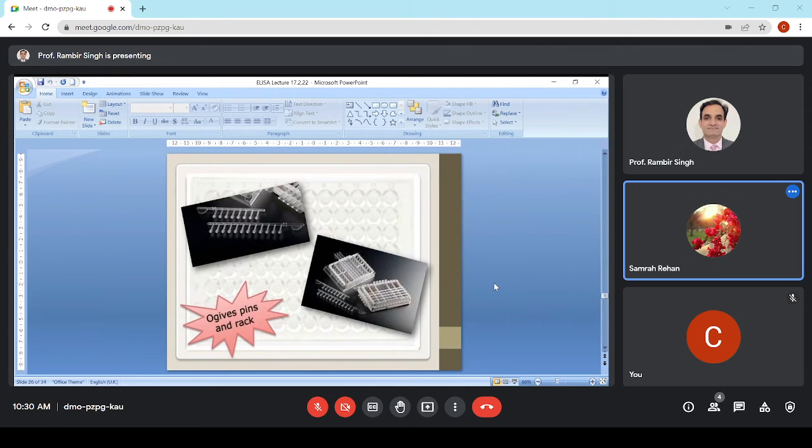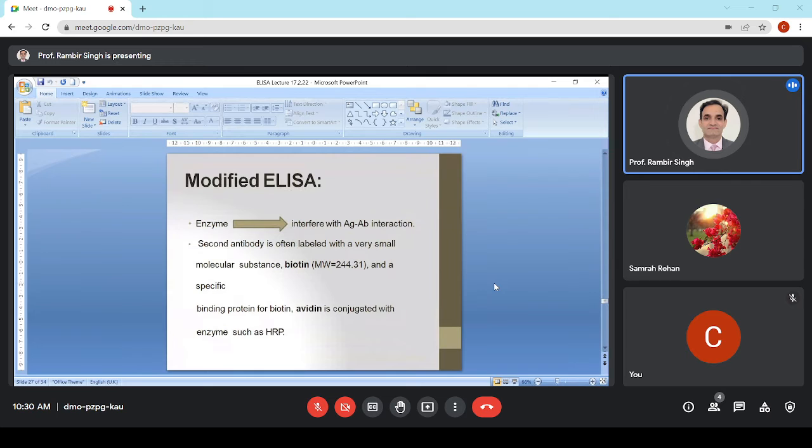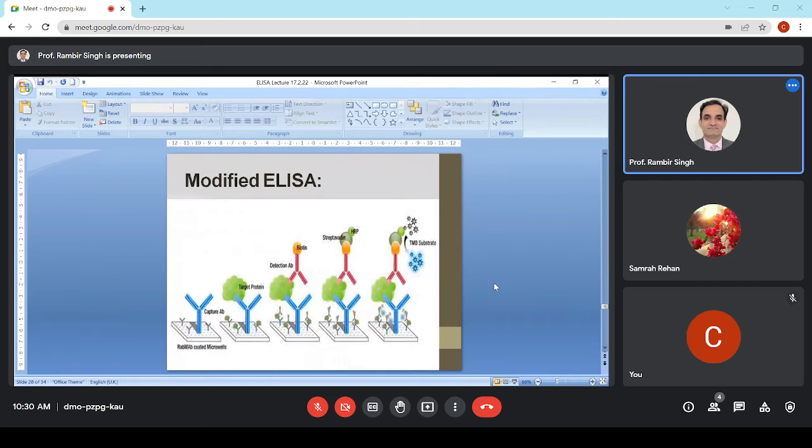And then we have the modified ELISA, where we can have the biotin-avidin complex. You have a monoclonal antibody coated on the well, then we have a capture antibody, then antigen is poured in, and the antigen will bind that antibody.